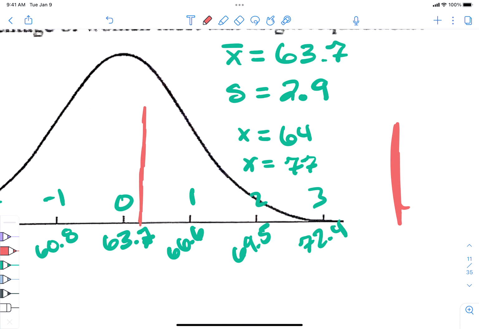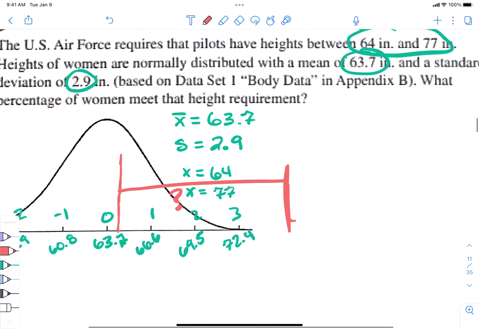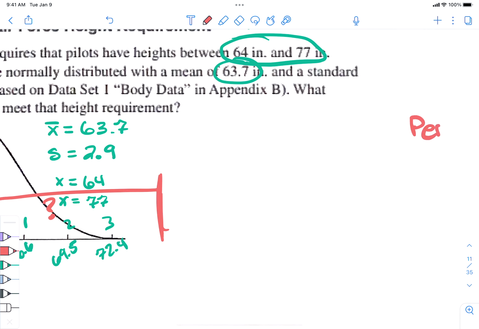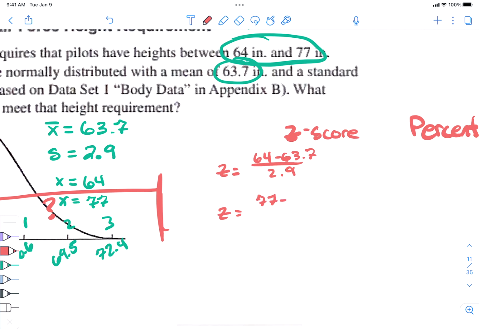All right, we're trying to find the percentage that's in between these. This is what we're trying to find, the percent that's in between those. Okay, so what do we need to find first? We're doing percent, but before we get to percent, we have to find z-score, right? And we have 2 of them. So let's calculate z-score for both of those. We're going to do both of them at the same time. 77 minus 63.7 over 2.9.